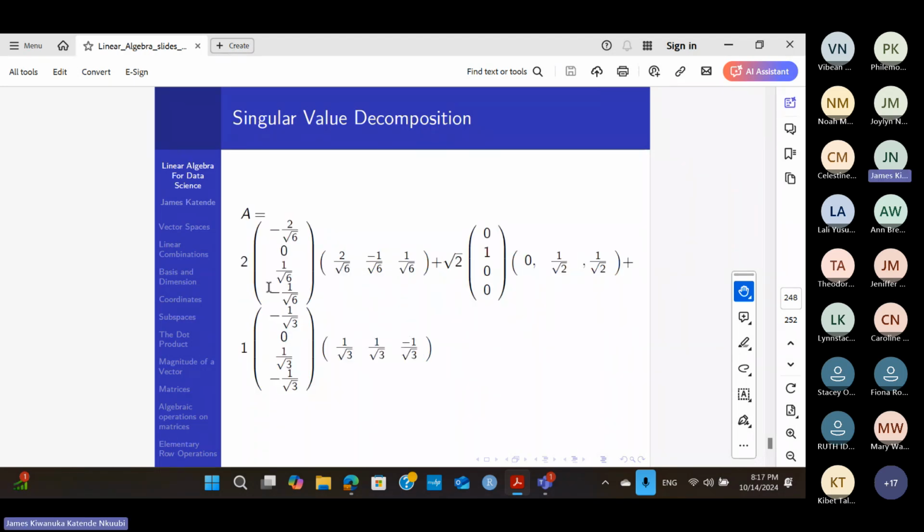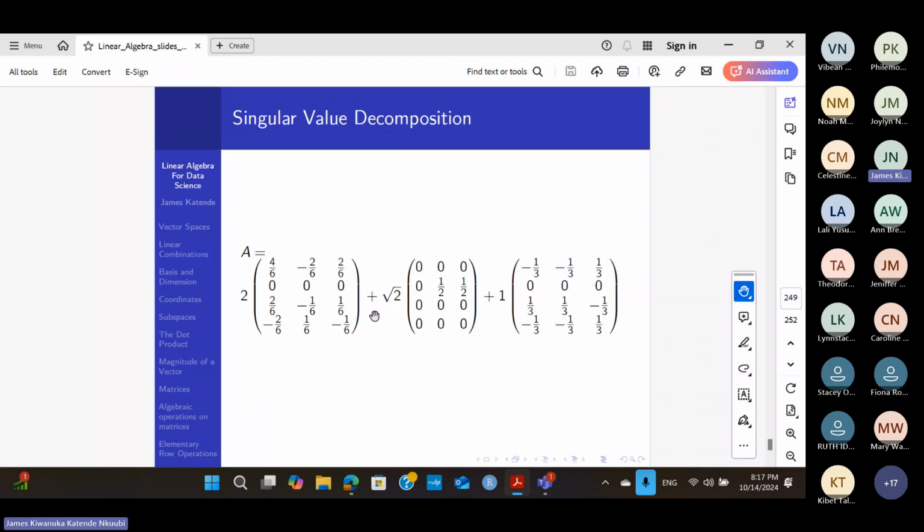So when you expand, if you multiply this matrix by this vector, or that matrix, whichever you prefer to call it, this is what you'll get. You're multiplying it by 2. We do the same for the other 3 terms. If you add this up, you recover the original matrix.